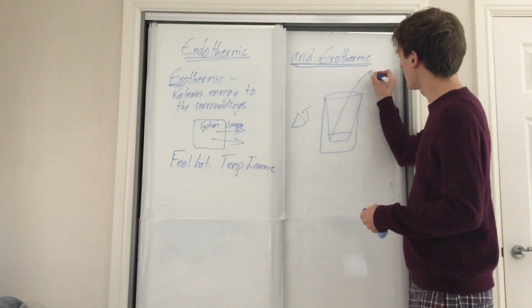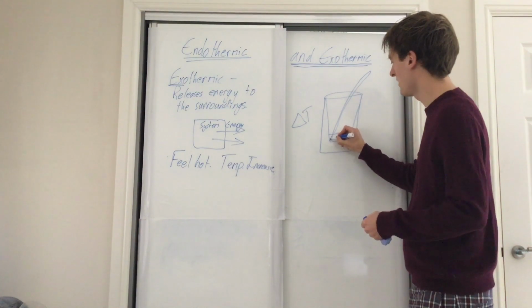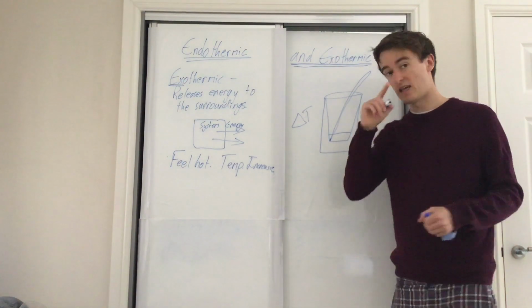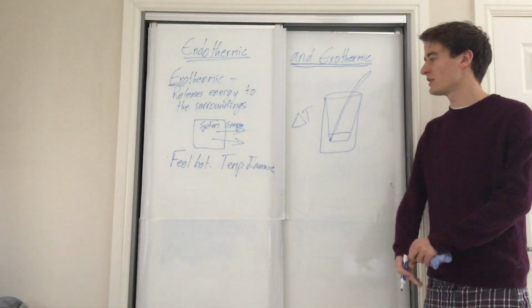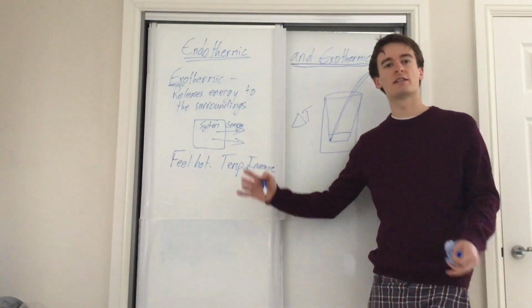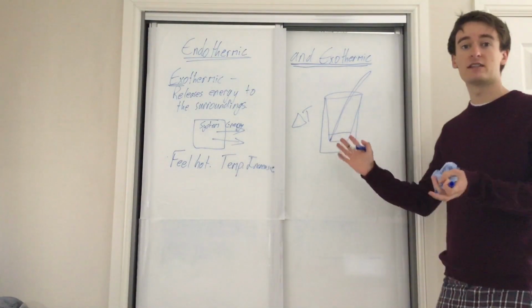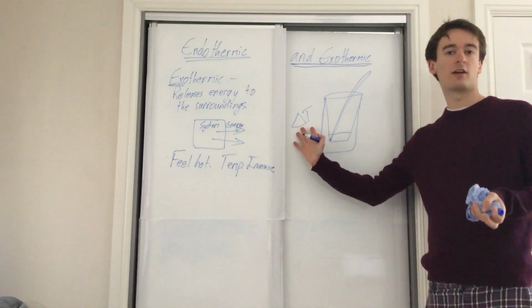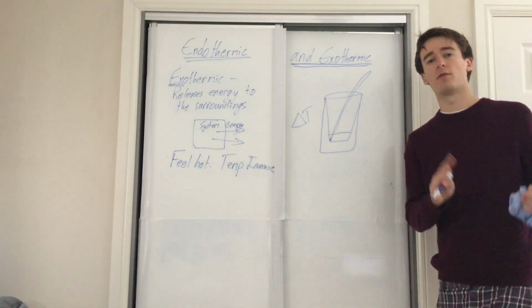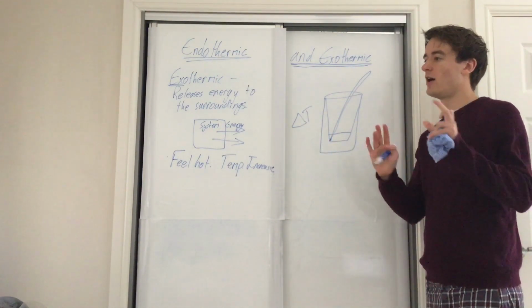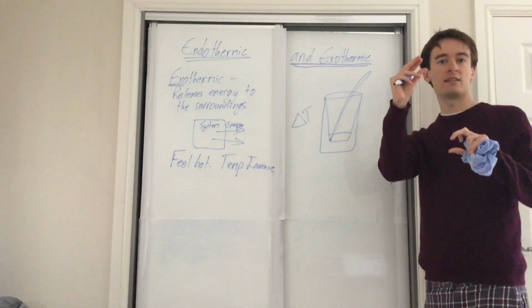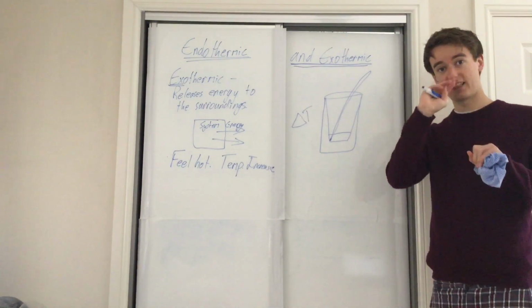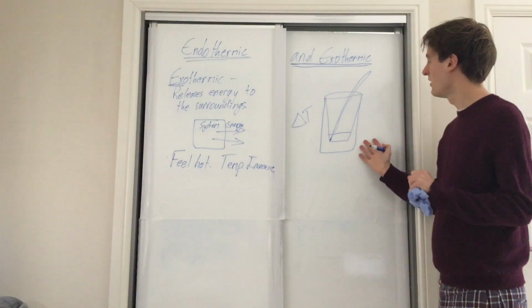We're going to put in a thermometer, obviously, because we want to measure the temperature change, and as we've said, temperature increase, exothermic, temperature decrease, endothermic, and we've got to look at that change in temperature. So you might have to analyse a start temperature and an end temperature and say if the reaction's exothermic or endothermic.